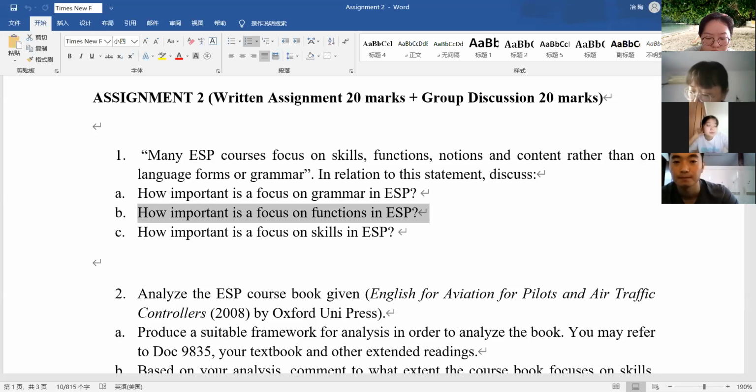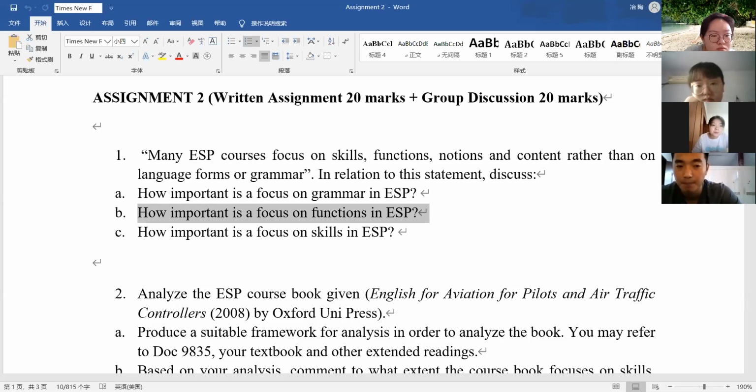As an example, when training or teaching hotel staff, the most important thing is that they need to learn the language to ask customers what they need, which is a kind of asking permission.